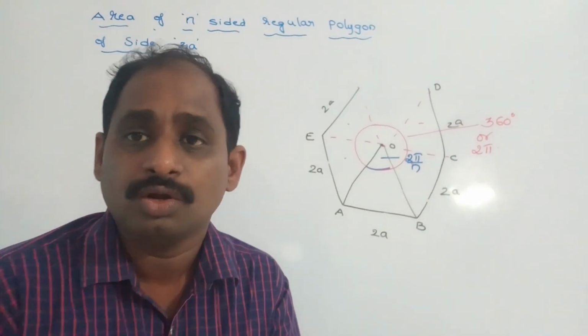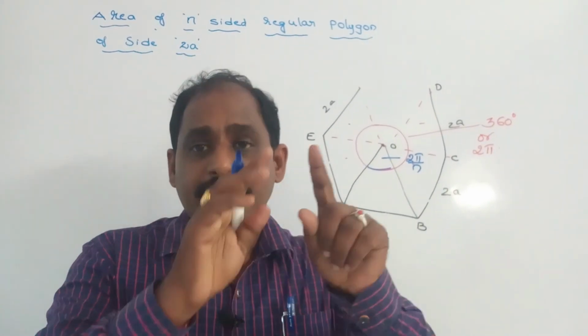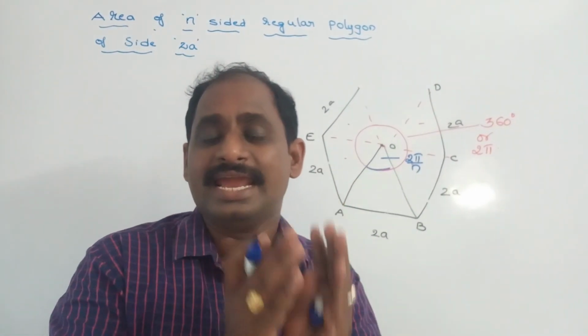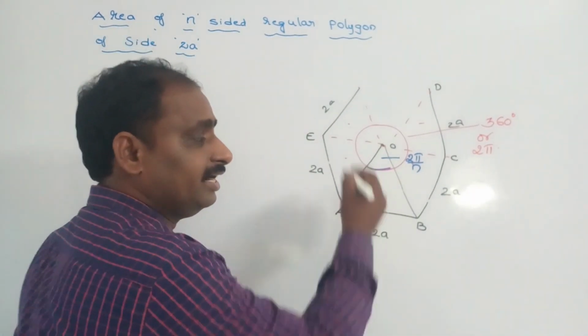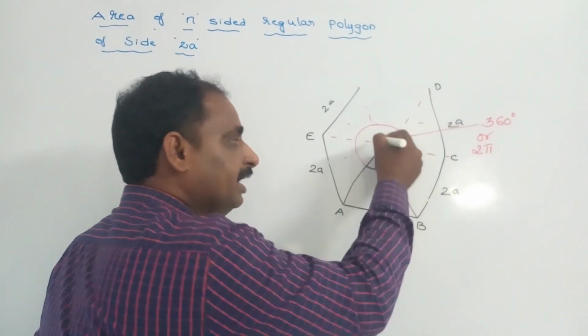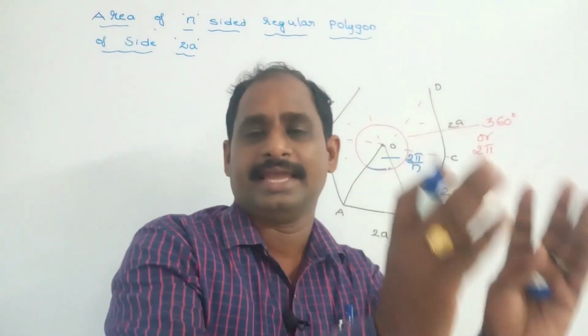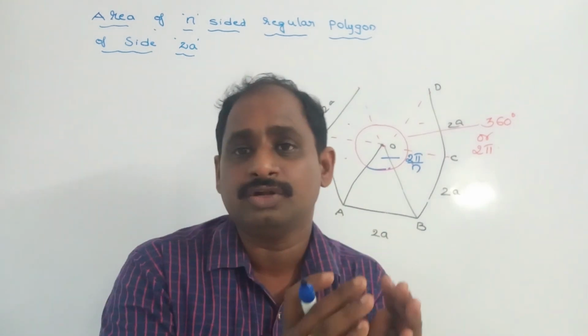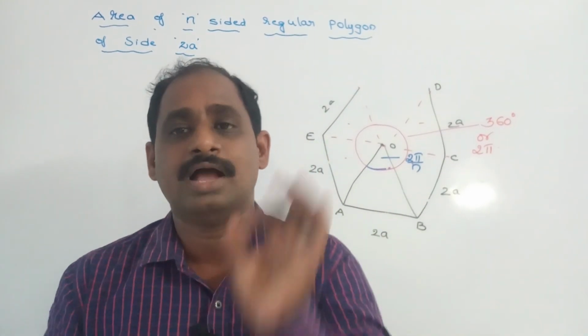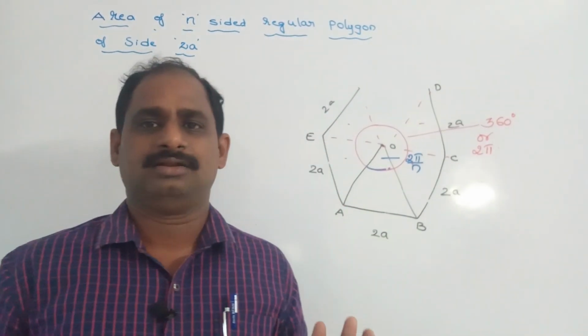Whenever you want to find the area of an n-sided regular polygon, it contains n isosceles triangles. So the area is n times the area of an isosceles triangle.